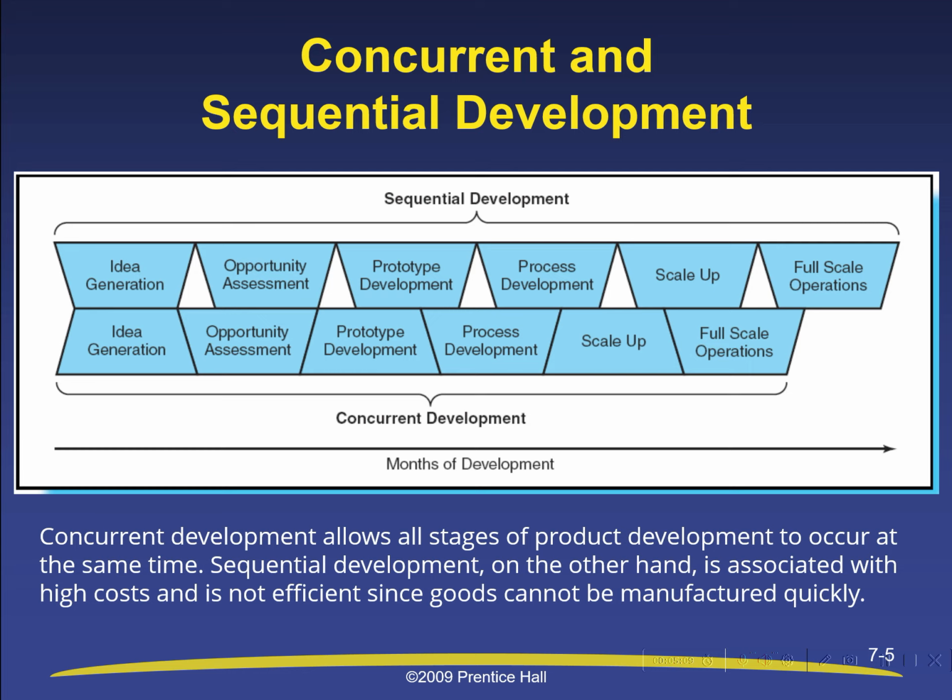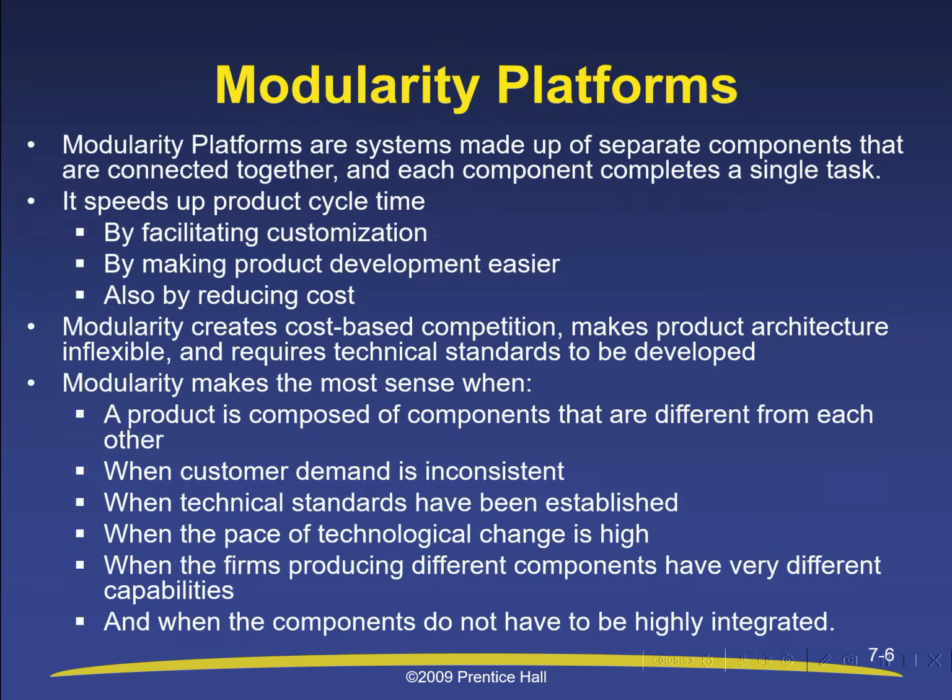Sequential development, on the other hand, is associated with high costs and is not efficient since goods cannot be manufactured quickly. As we can see in the diagram, the sequential development has lots of gaps between its processes, while the concurrent development has very tight gaps between its processes.